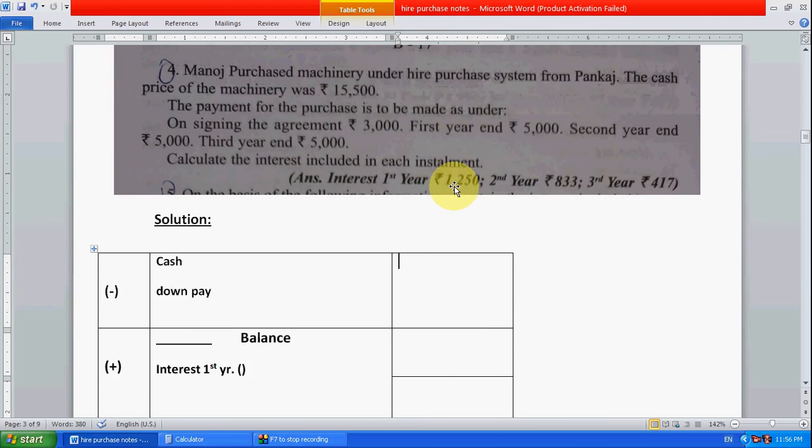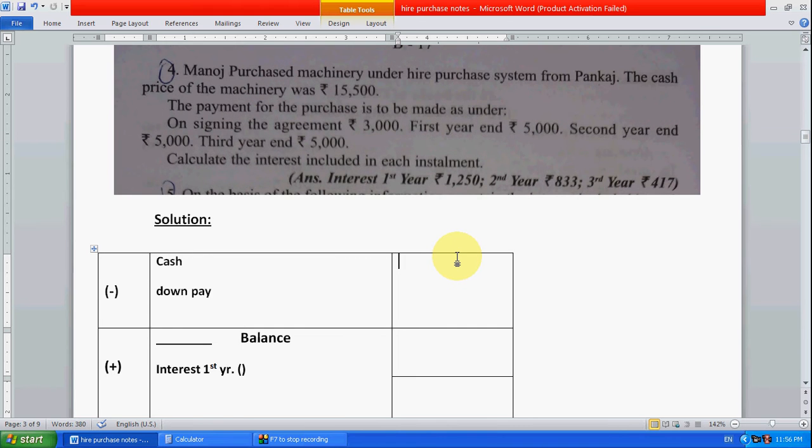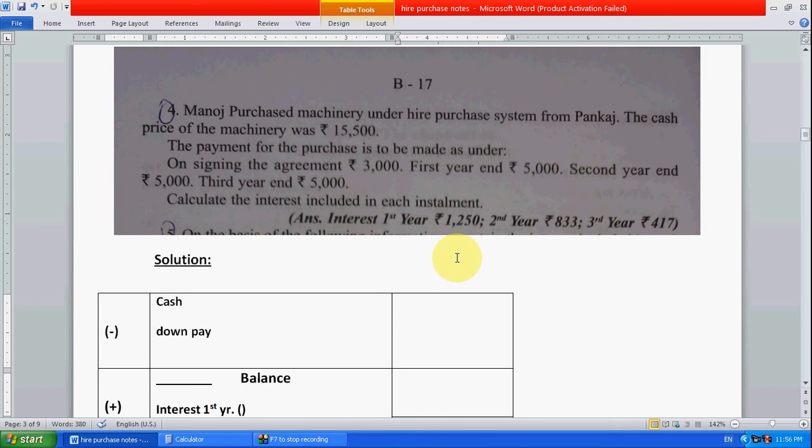First what we have to write is 15,500, the cash price.